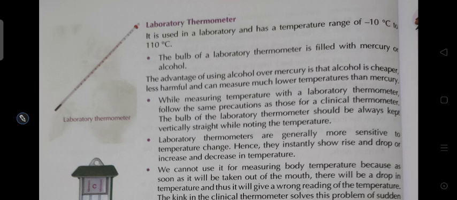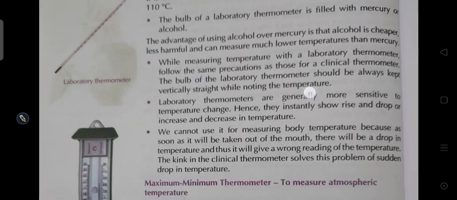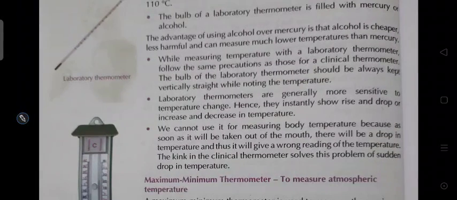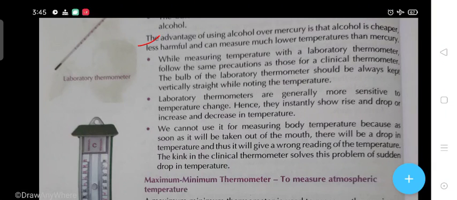And the bulb of the laboratory thermometer is filled with mercury or alcohol. And what are the advantages, students, of using the laboratory thermometer? See, the advantages of using alcohol over mercury is that alcohol is cheaper, less harmful, and can measure much lower temperature than what? Mercury.